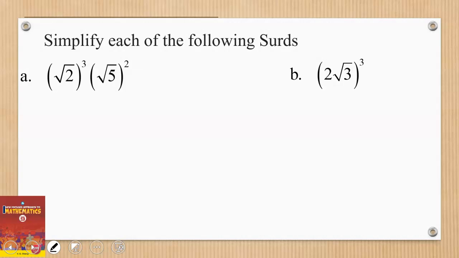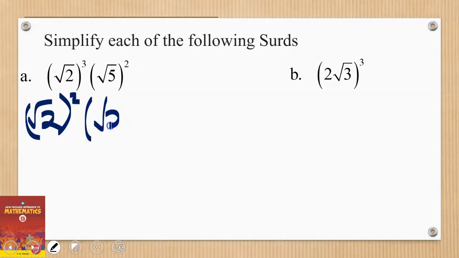Here we have square root of 2 to the power 3 times square root of 5 to the power 2. Now, how do we simplify this? Remember, this is the same as root 2 squared times root 2, so that gives us root 2 to the power 3. Then times root 5 also squared.